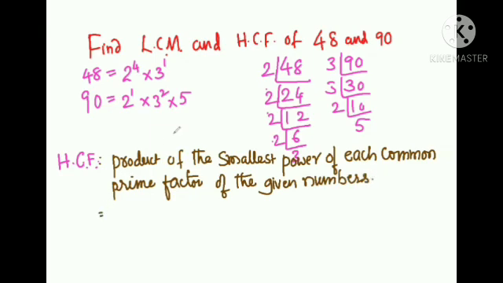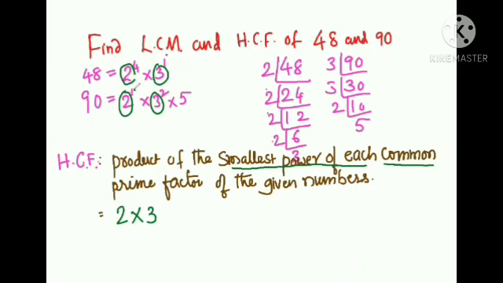So here, see here, first you have to find the common factors. What are the common factors here? 2 is the common factor, and then 3 is the common factor. Now write the common factors 2 and 3 and write the smallest power of each. So the smallest power of 2: here 1, here 4.